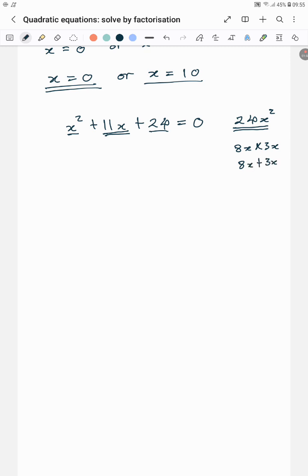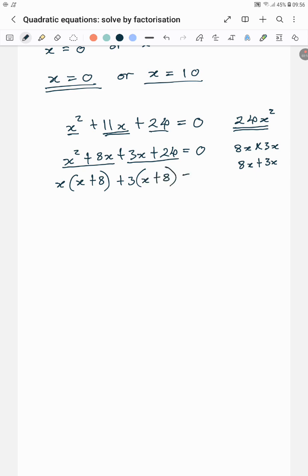they give you 11x. So we're going to substitute 11x here, and we put plus 8x plus 3x plus 24 is equal to 0. We factorize, we take out x, plus 8, we factorize these two, we take out 3, and we're going to have x plus 8.